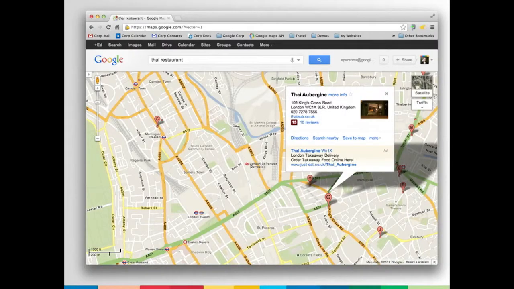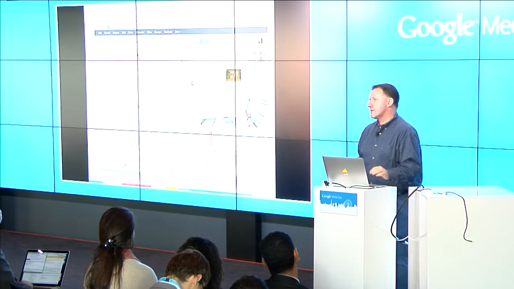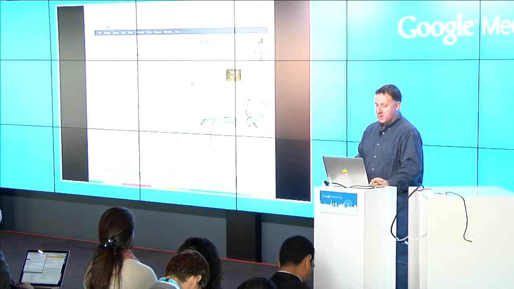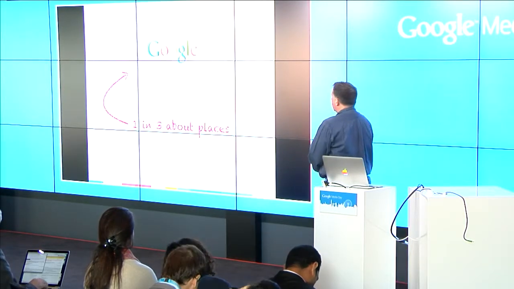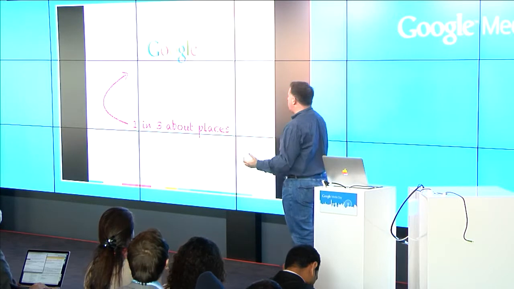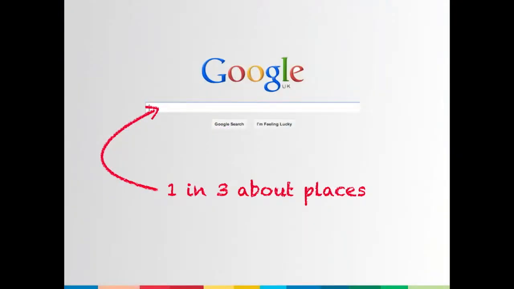Much of what we do, though, is hidden behind the scenes. It's not obvious that you're using mapping and geography when you actually are. For example, if you go to the Google search engine, we've worked out that roughly 1 in 3 searches that people make actually do have a geographical element to them. So Addy, remember, he was searching for his camera.